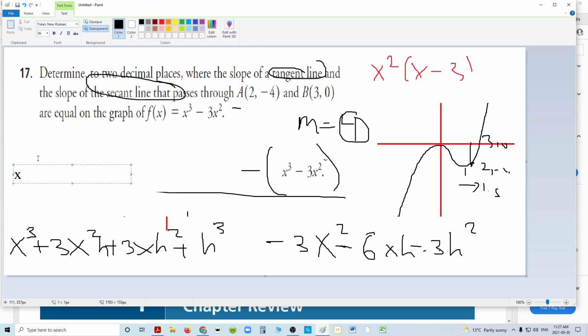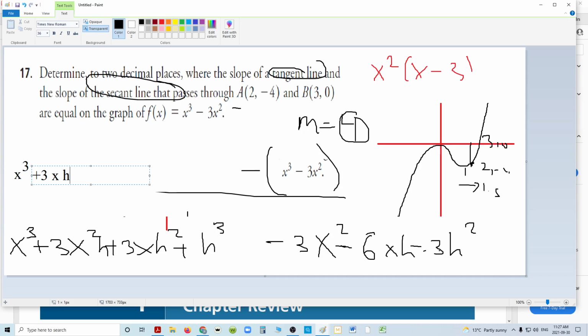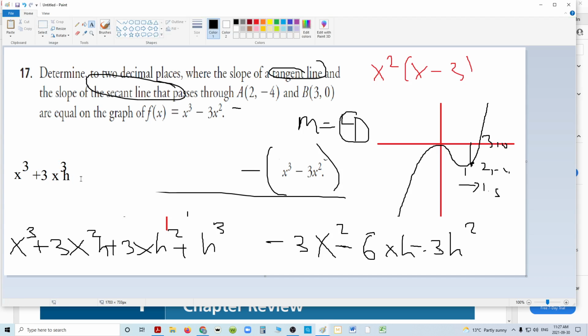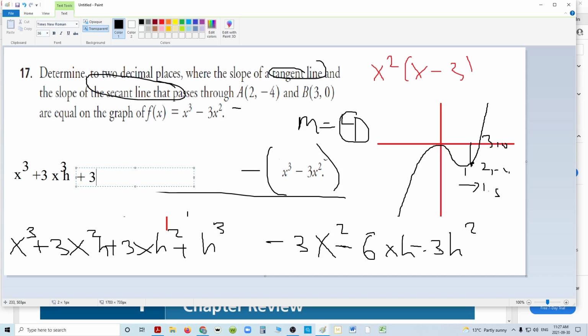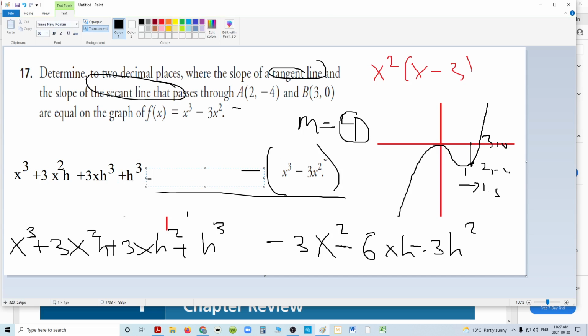So I'm going to get x cubed plus 3x squared h, and that should have been an x squared, plus 3x h squared plus h cubed minus 3x squared minus 6xh minus 3h squared.